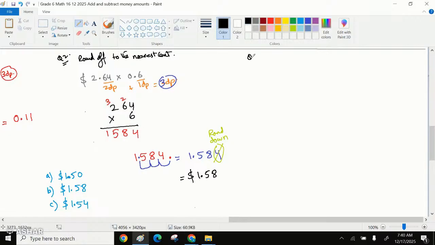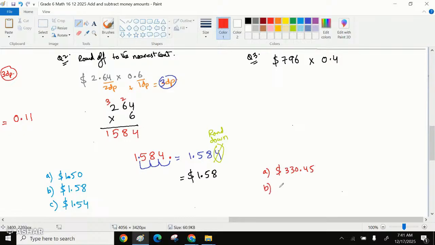Question number 3. It says multiply dollars 796 by 0.4. And the options that are given: option A is dollars 330.45.